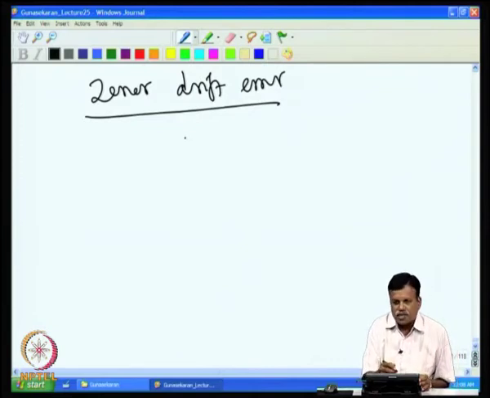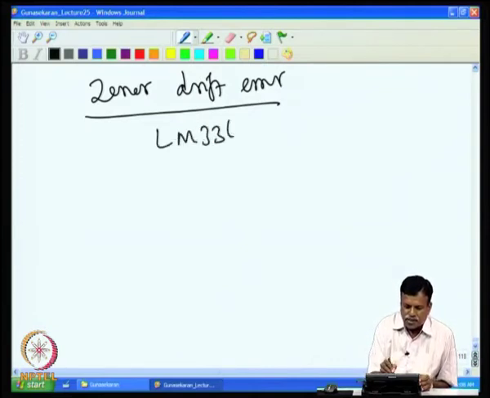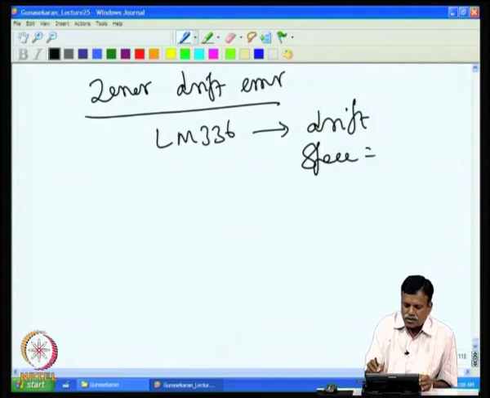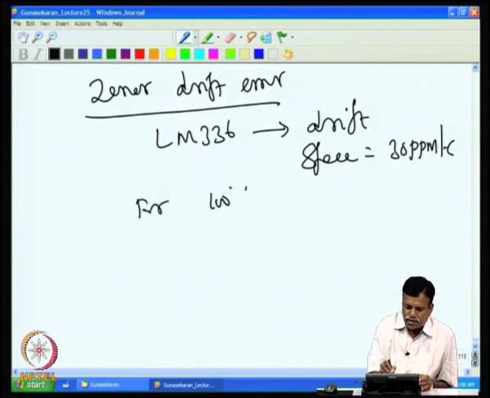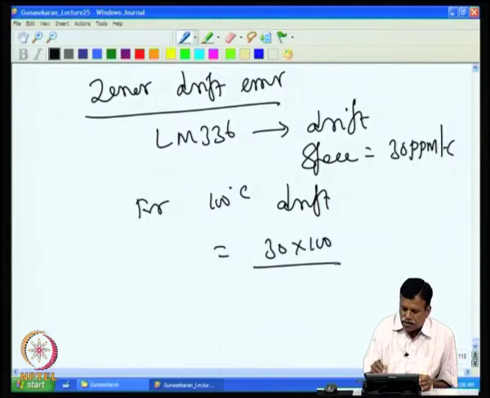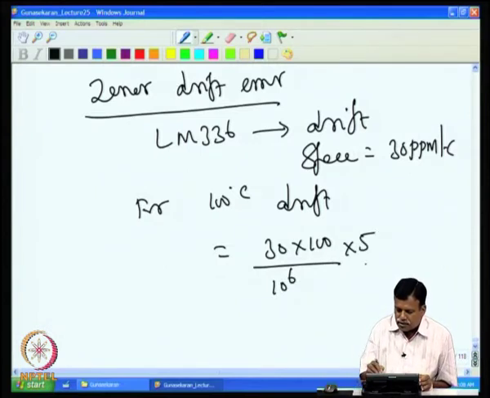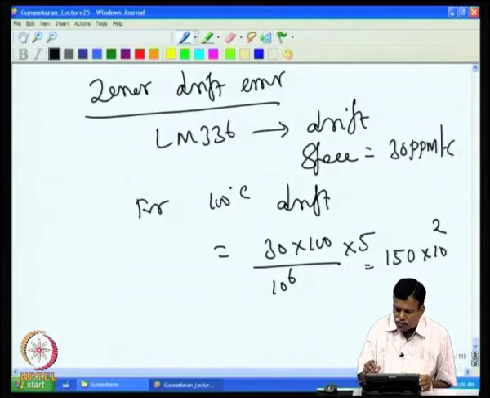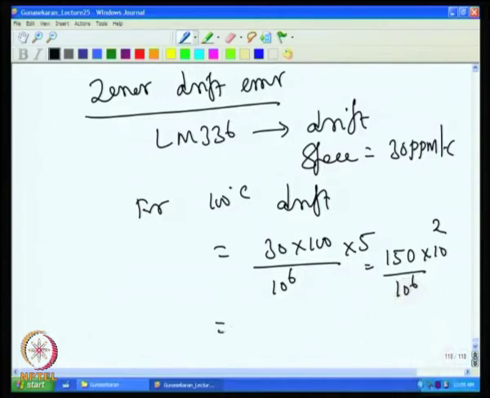If you look at the spec of the Zener, for example if it is LM 336, the drift spec is 30 ppm per degree C. So, for 100 degree C, the drift would be 30 into 100 divided by 10 power 6 into 5 volt, that comes to 150 into 10 power minus 4, that is 15 millivolt.